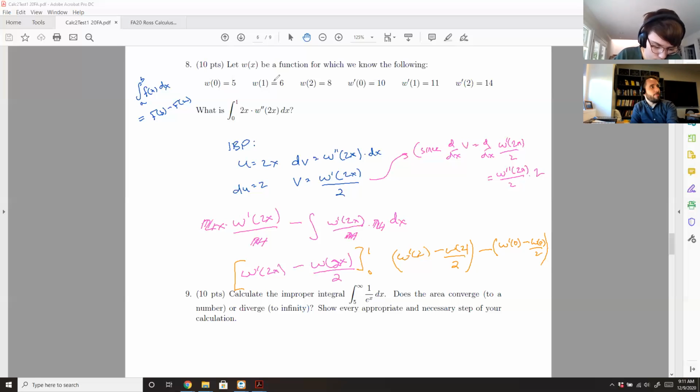And then we just have to plug in what those are based on the information up here. Okay, again, I think this was in many ways the most challenging problem on this first test. It involved some integration by parts, some u substitution, and also keeping in mind this additional information about w up at the top. So a really, really tough one.